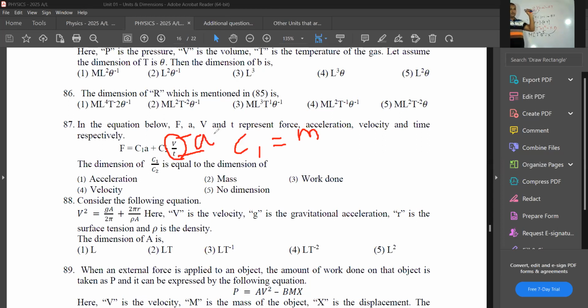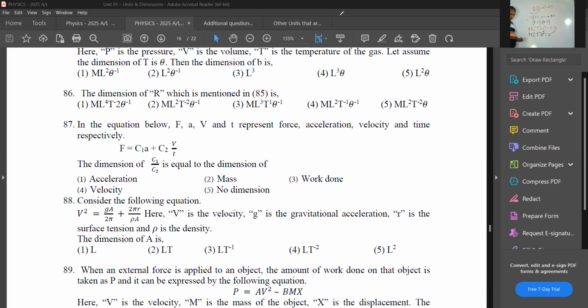Therefore, C2 should be a mass too. Therefore, mass over mass means a dimensionless physical quantity. Okay.